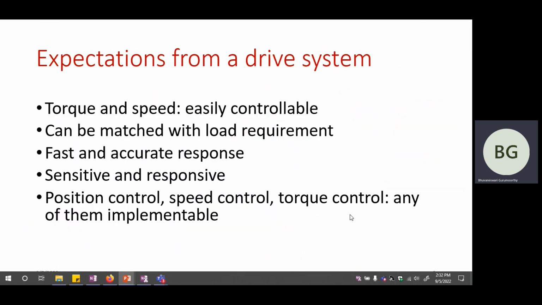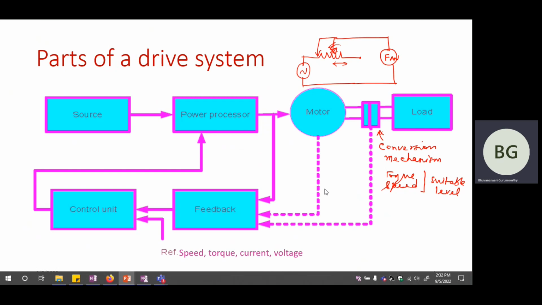They are mechanical quantities. So these mechanical quantities have to be converted into appropriate electrical quantities using a transducer mechanism. So when we talk about the feedback, this can include transducers.